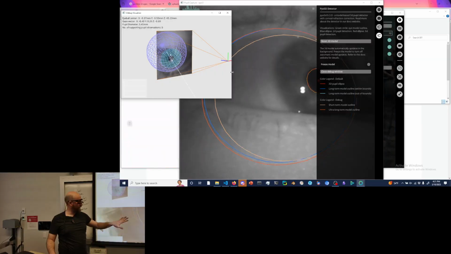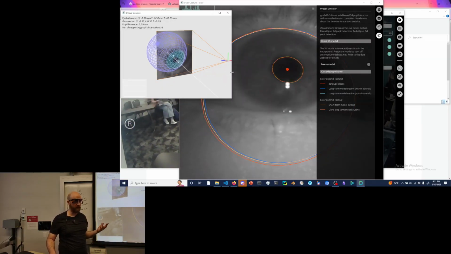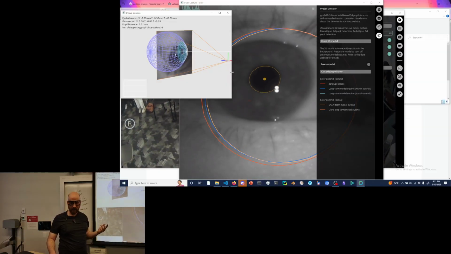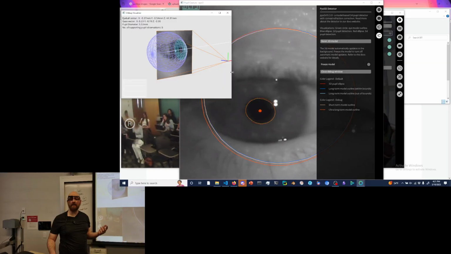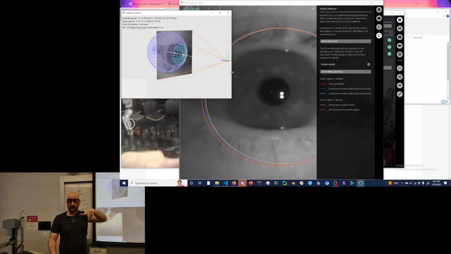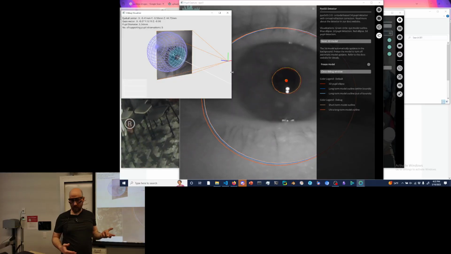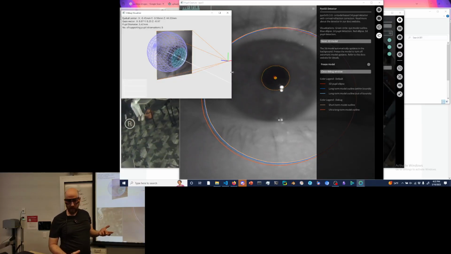So first of all, this eye tracker does not track torsion. No eye tracker that I'm aware of tracks torsion. So you'll see the sphere just spins around in its axis because it's an untracked dimension. It's also kind of noisy, but that's the way it is.